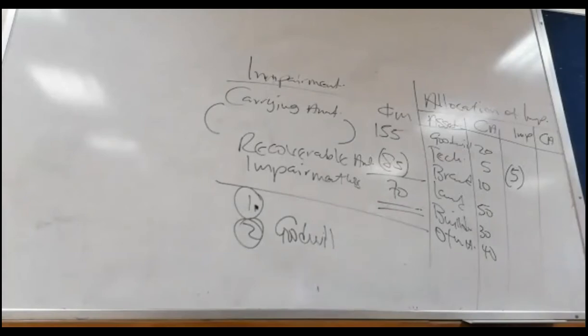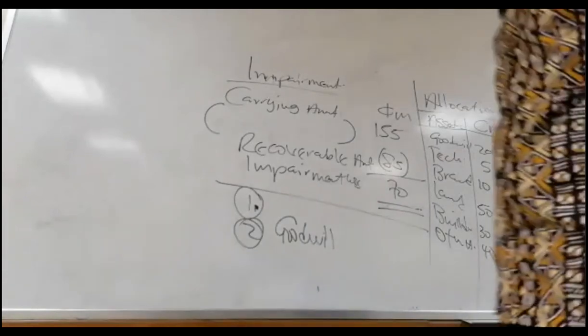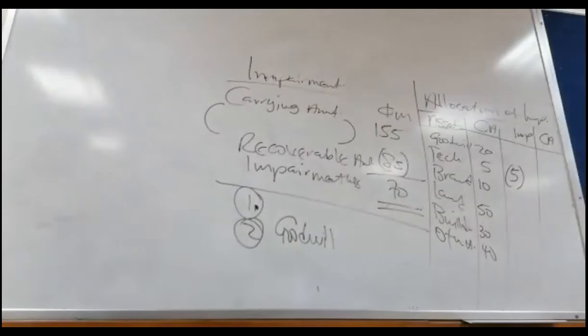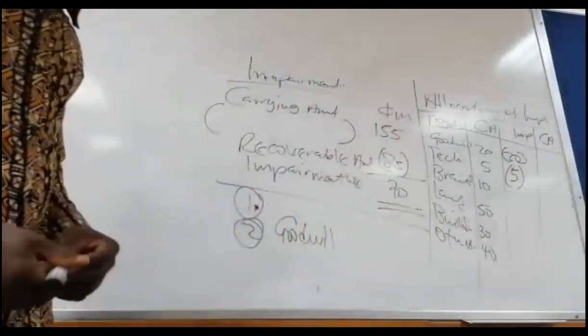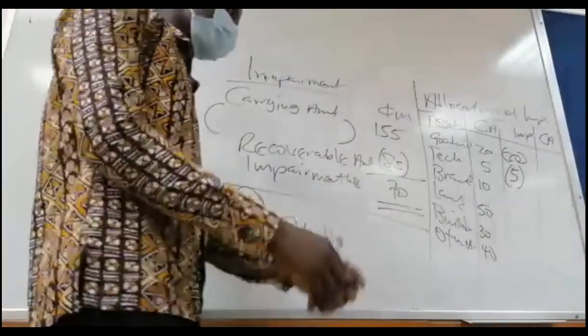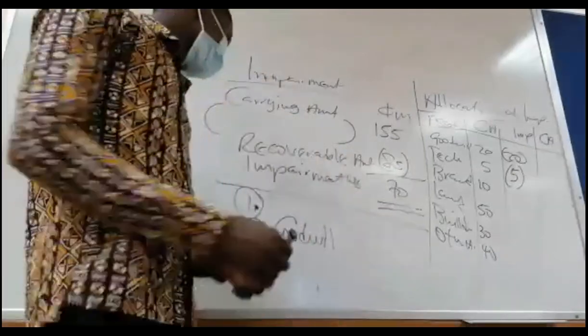Yes, goodwill. If you're in difficult times, your good public image cannot save you. So the next asset on the list is goodwill. The entire value must be reduced. So goodwill moves from the system.